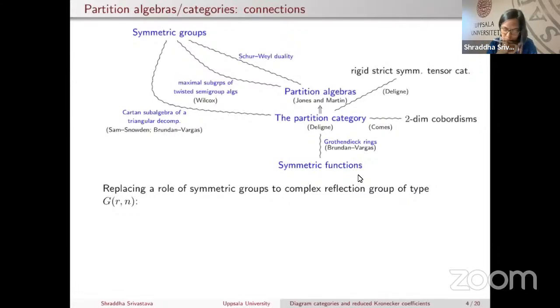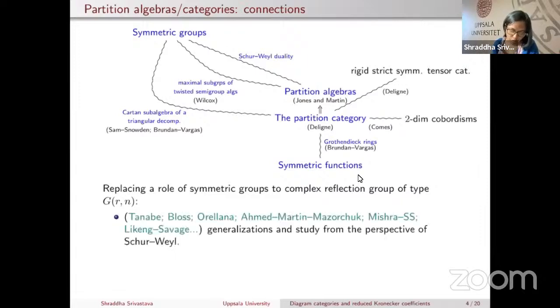Okay, so one can ask whether we can replace the role of the symmetric group by, let's say, the complex reflection group of type G(r,1,n), or any group, where possible. From the viewpoint of Schur-Weil duality, there have been generalizations, and people have studied this.